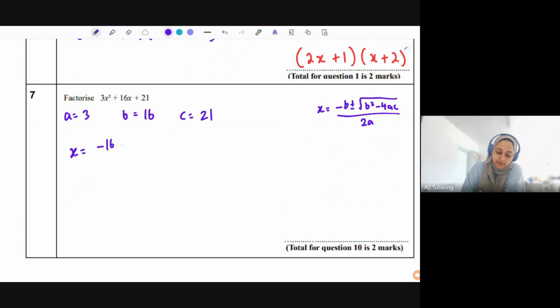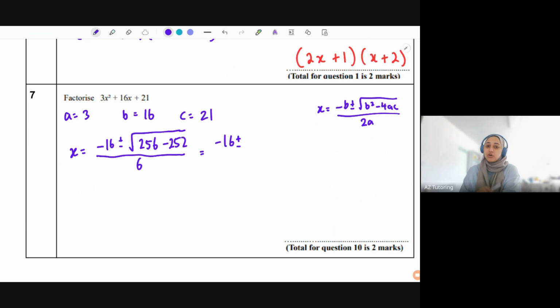Minus b is minus 16, plus or minus the square root of b squared, so 16 squared is 256, minus 4 times a, which is 3, times c, which is 21, minus 252, all over 2a, which is just 2 times 3, which is 6. Simplifying that further, we get minus 16 plus or minus the square root of 256 minus 252, which is 4, and the square root of 4 is just 2.